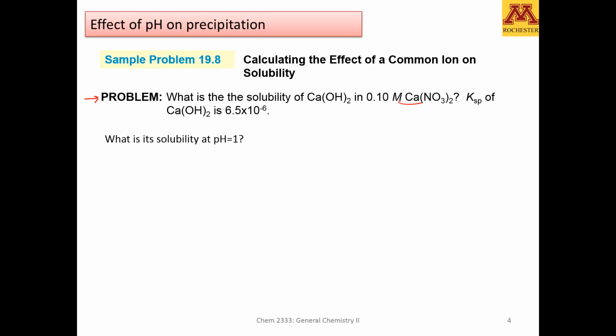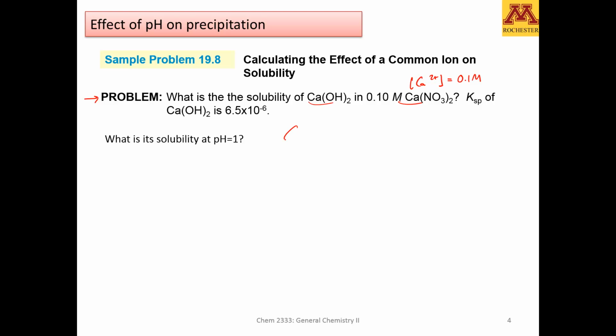And this may be a common situation because our tap water contains a lot of nitrates and calcium and sulfates, etc. So first we will calculate the solubility of calcium hydroxide in neutral water with some calcium nitrate. Notice that this means that the concentration of calcium before any mole of the solid dissolves is already 0.1 molar.